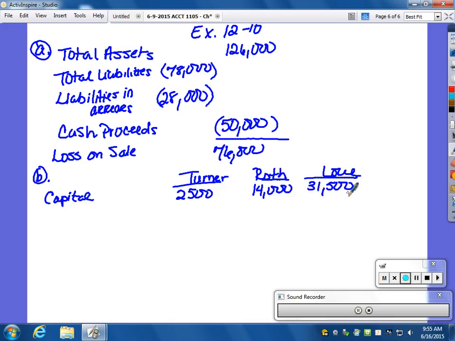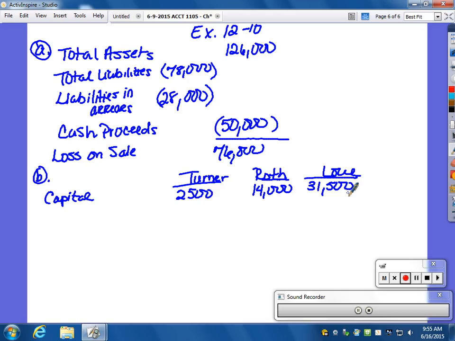All right, so we incurred that loss of 76,000. Their ratio is 1:4:5. Anytime you do a ratio, you have to put it over a denominator, right? So add all those up. 5 plus 4 plus 1 is 10.